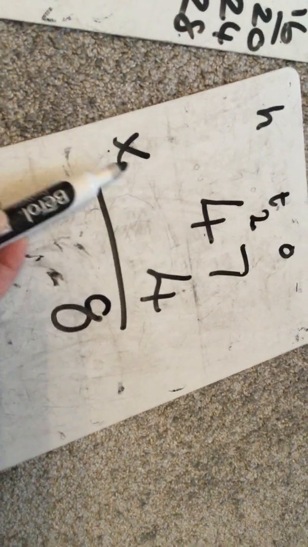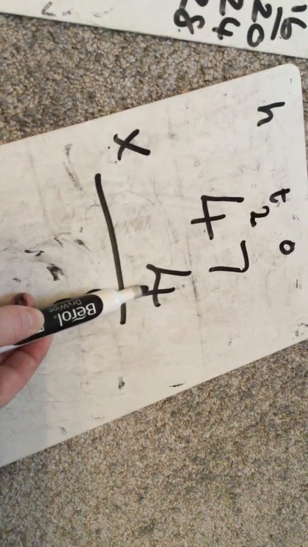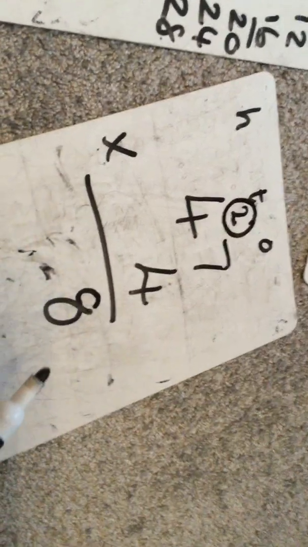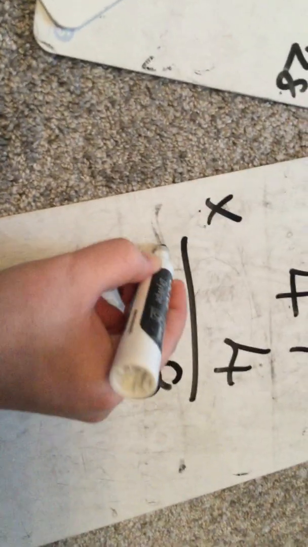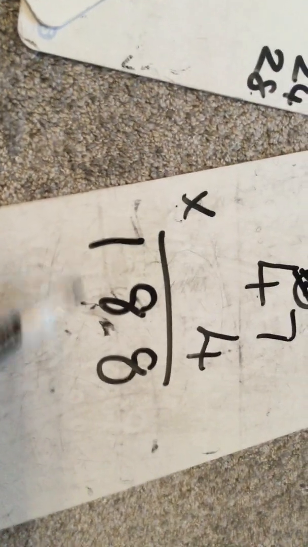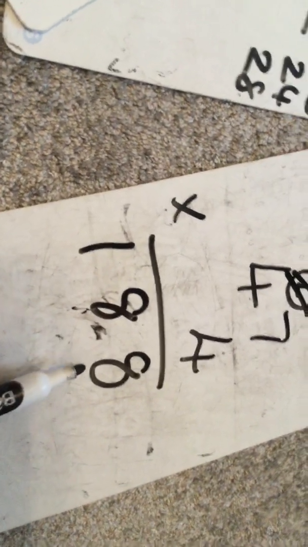We're going to do 4 multiplied by 4, which would give us 16. But we must remember there's 2 extra tens here now. So 16, 17, 18. Which would give us the answer 188.